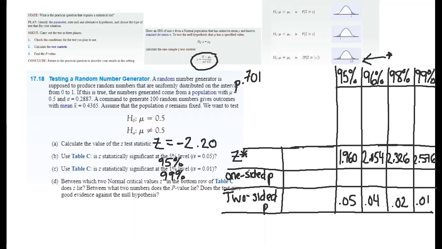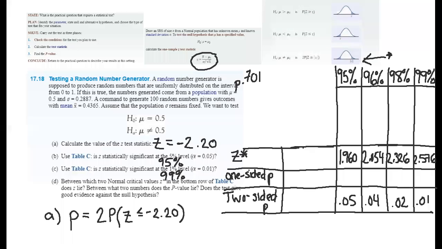So along with calculation of the z test statistic for part A, then I will find in the book the information that I need so that I can have a P value where P is twice, so 2 times the probability that we have a z-score more extreme than negative 2.20, because that's our value.